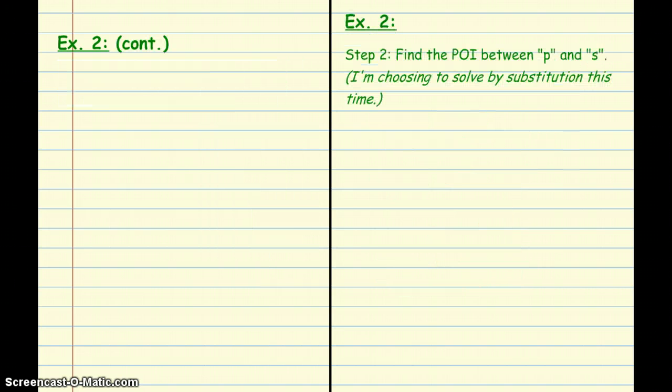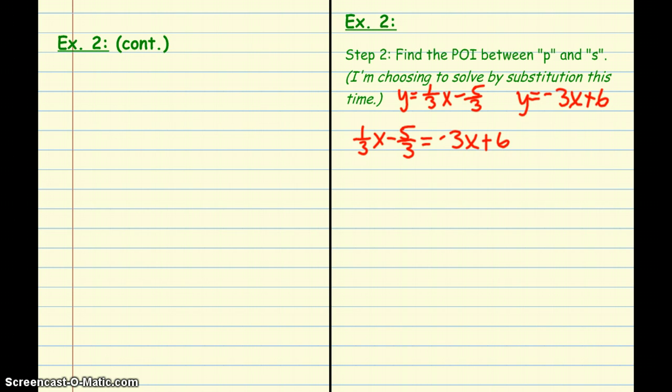Okay, so our two equations that we're going to use are the ones that we just created. So we've got y equals 1/3 x minus 5/3. And the other equation that we haven't used yet. And in this case, I'm going to solve by substitution. So I'm just going to set our two equations equal to each other. Okay, and I like to get rid of these fractions.